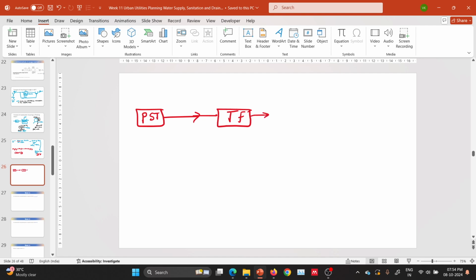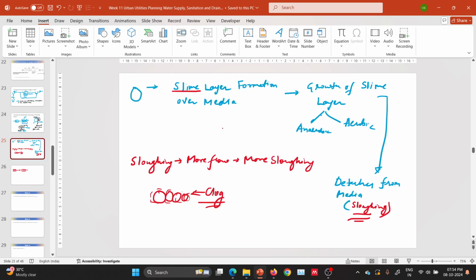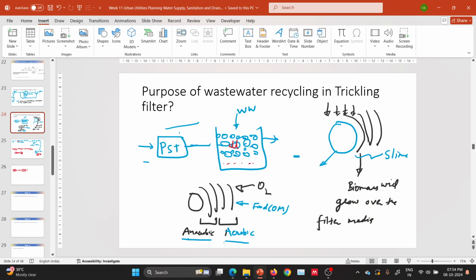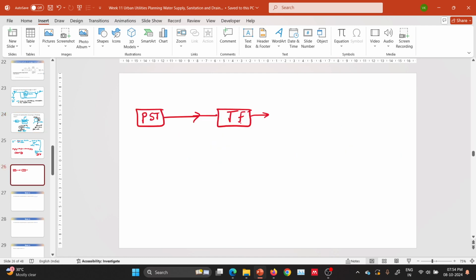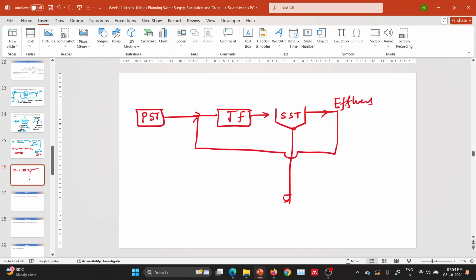After the sloughing, the biomass comes at the outlet and then we provide the SST, where this biomass is settled. From the SST, sludge is taken somewhere, and this effluent is transferred back to the trickling filter to provide more hydraulic loading.